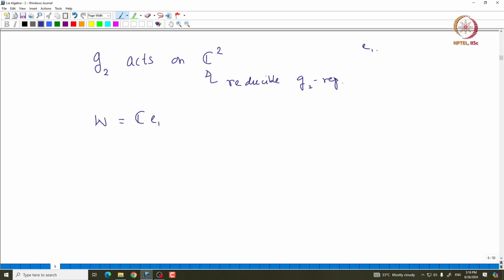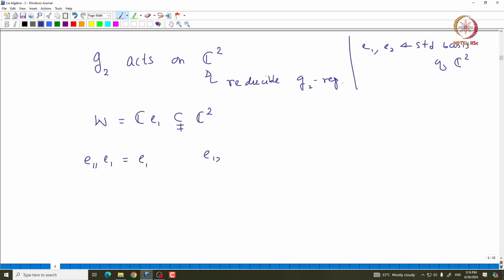So, let us say E1 and E2, this is the standard basis of C2. So, then if we take the span of E1, which is the W, this is a proper subspace of C2. Then one can easily see that E11 acts on E1 as just E1 with the eigenvalue 1.